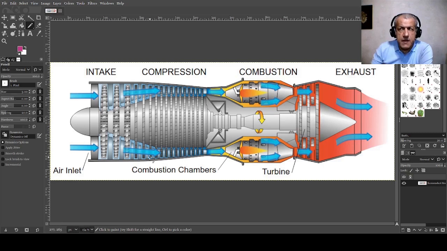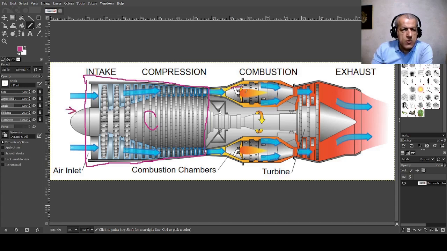Now, to simplify the idea, what we do is to just draw a line like this with a smaller area towards the end and call this the compressor. This is the air going into the compressor.